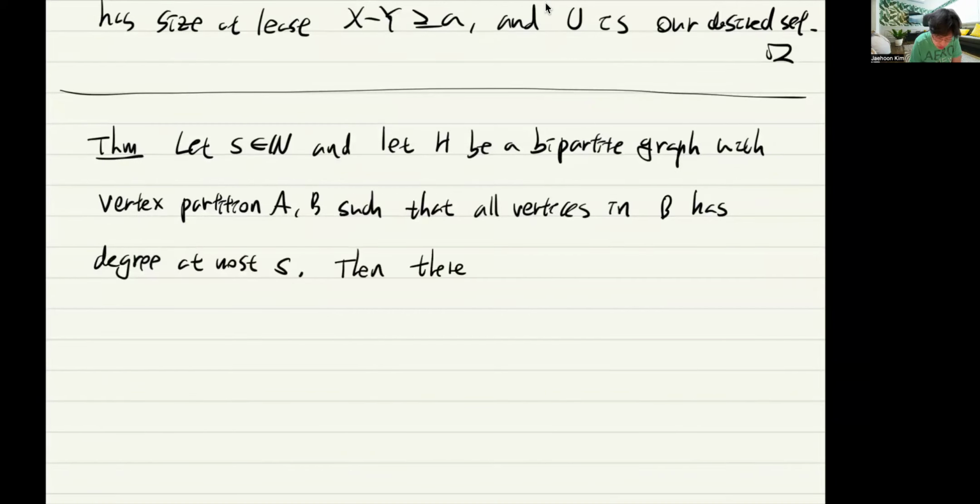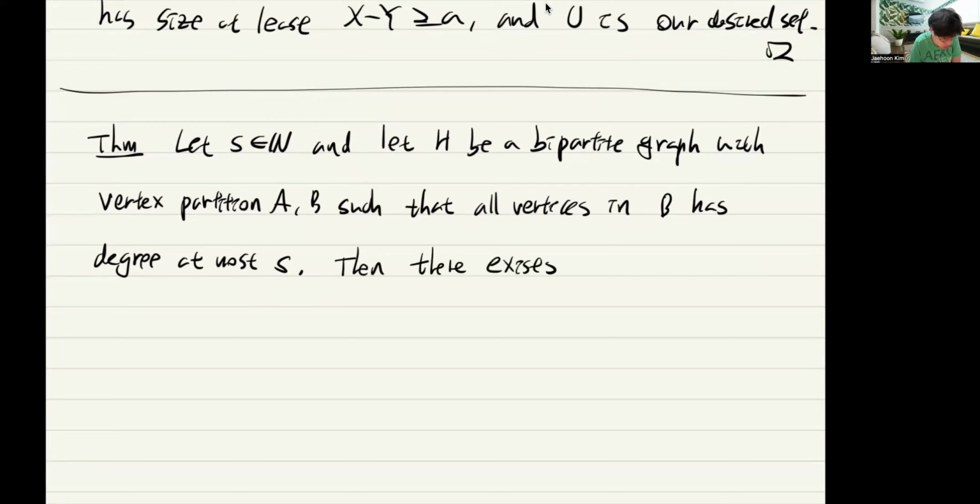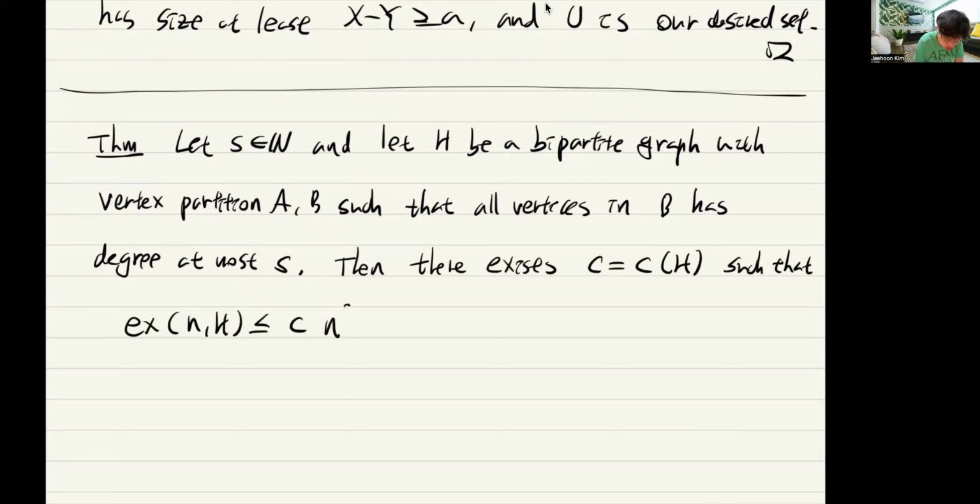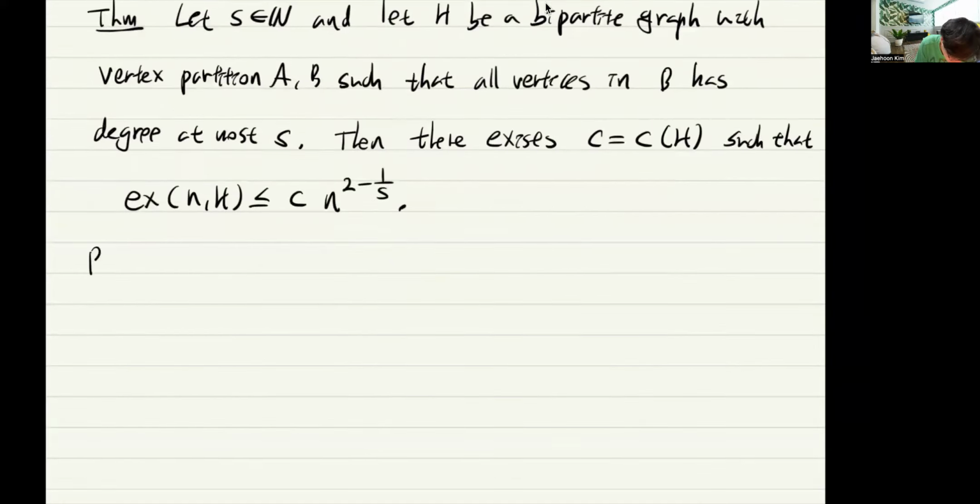Then what we can prove is there exists a C, a constant that depends on this H, such that the extremal number of H is at most this constant times n to the 2 minus 1 over S. So let's prove that.